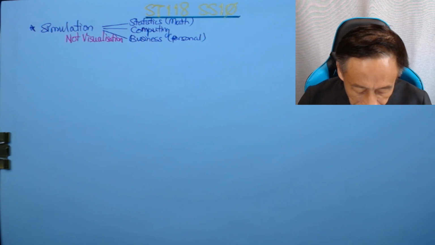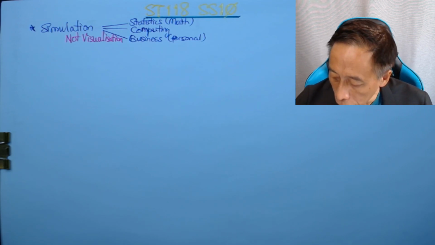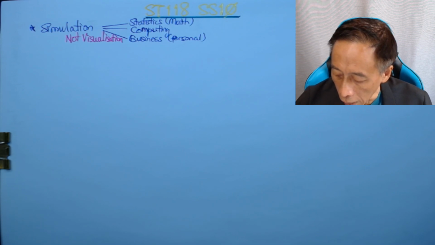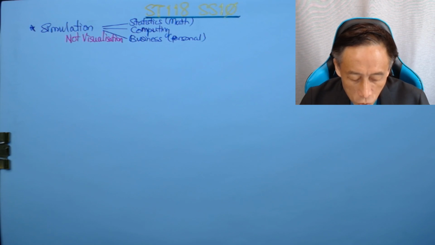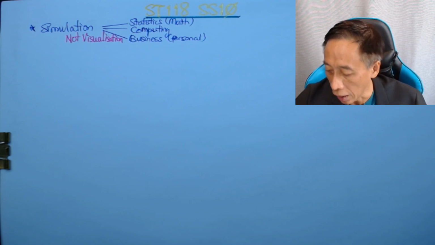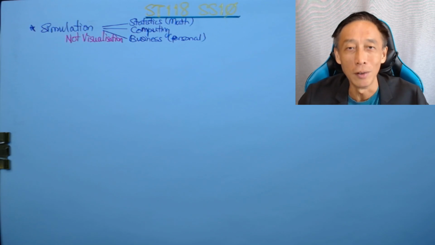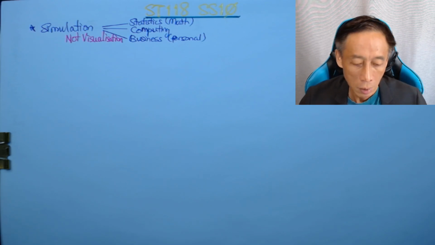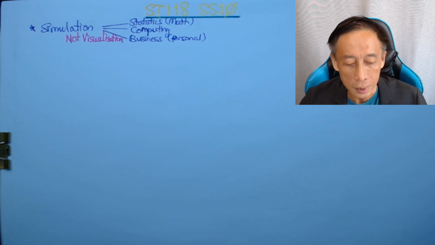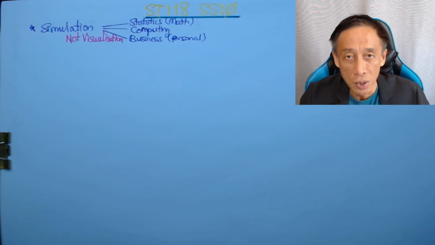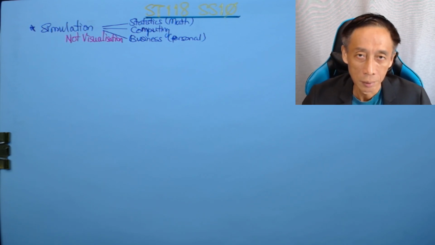Okay, so the next thing I want to move on to is to not just stop short of saying that simulation has a very wide area of applications and is very useful, but I want to also share with you what these areas are. Because simulation is definitely different from optimization techniques.